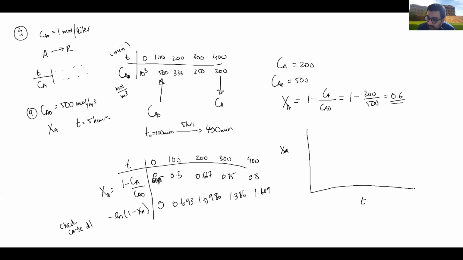So I'm getting this type of curve. So if I plot minus ln 1 minus xa versus t, you should probably use Excel for this. I guess I'll have to load Excel. So give me a second. Let me load it, and let's plot these numbers and see if it makes sense.